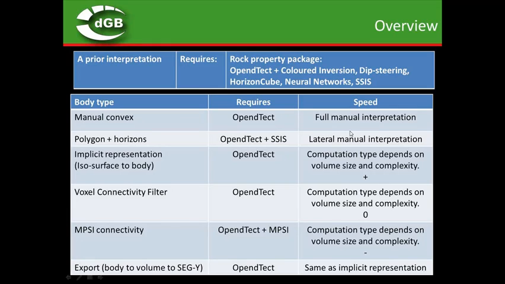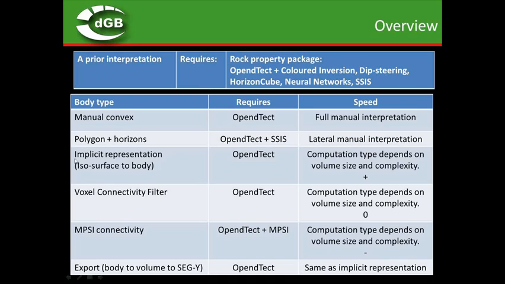But it is a good add-on, since you only need to do a lateral manual interpretation, the time you'll spend interpreting the geobody will be reduced by quite a large amount. And also, because it is based on a 2D polygon, you'll have all the freedom to get a very large lateral complexity in your polygon and subsequent geobody.